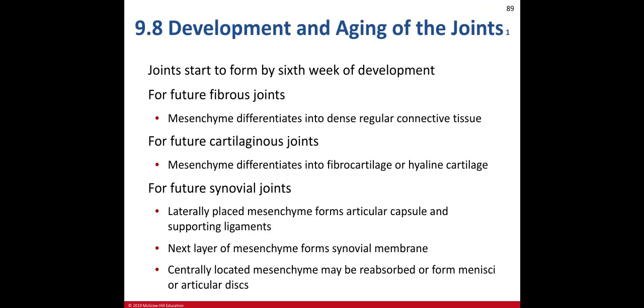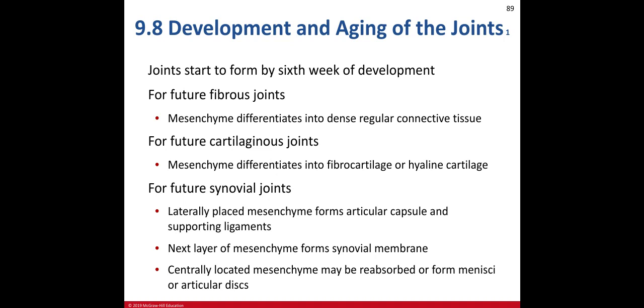Okay, what happens as joints age? So when we develop a joint, that's usually from the 6th week of embryo development. If it's going to be a future fibrous joint, then the mesenchyme is going to turn into dense regular connective tissue. If it's going to be a cartilaginous joint, it is going to differentiate into fibrocartilage and hyaline cartilage.